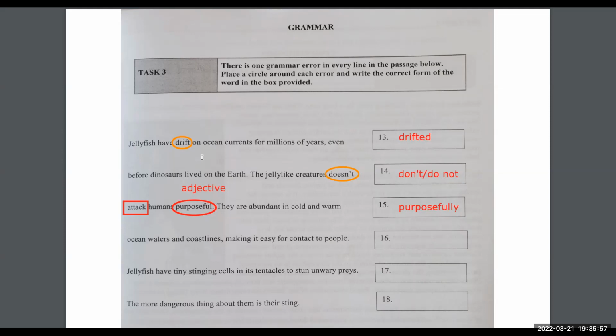We can add that ly, and just like that, magically, we get an adverb that will help us to modify or describe our verb. All right, what about 16?